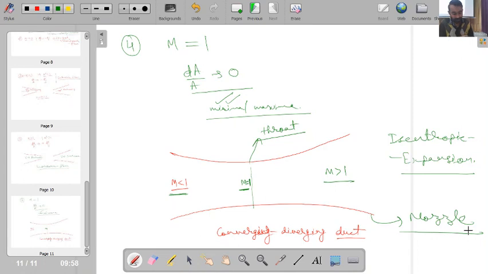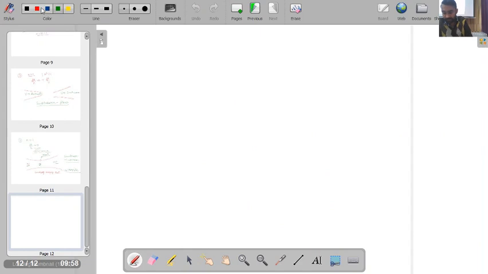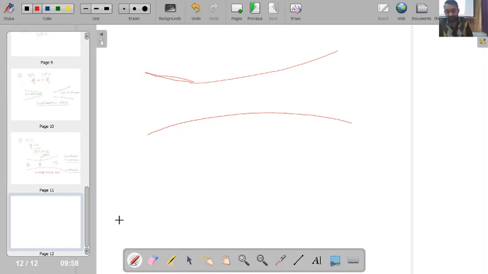Okay, and if I take the reverse situation, say I am starting with Mach number greater than 1. So if I start with Mach number greater than 1, when my area is decreasing, my Mach number will decrease.